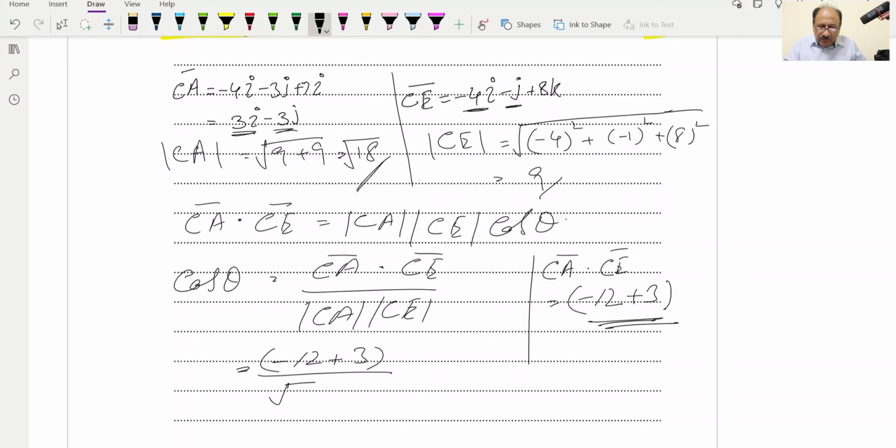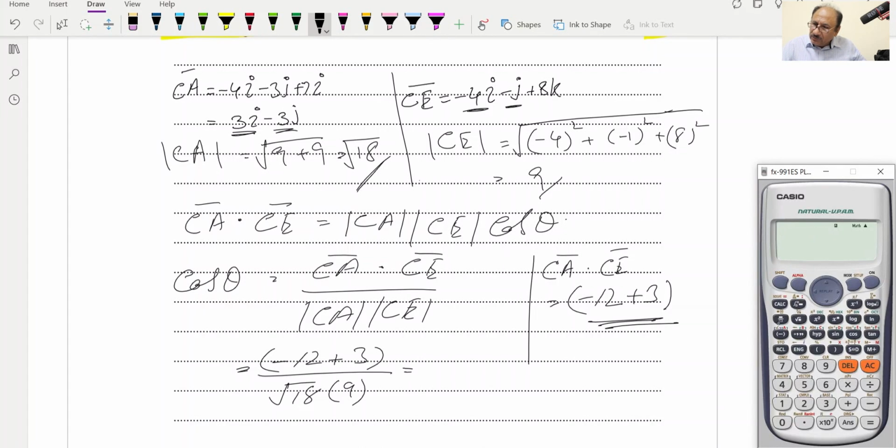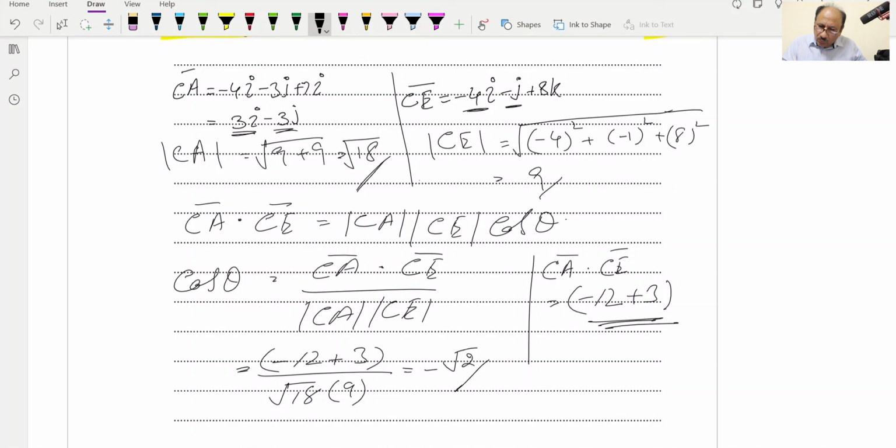We can calculate this, in brackets minus 12 plus 3, divided by root 18 multiplied by 9, and this is equal to minus root 2 over 6.